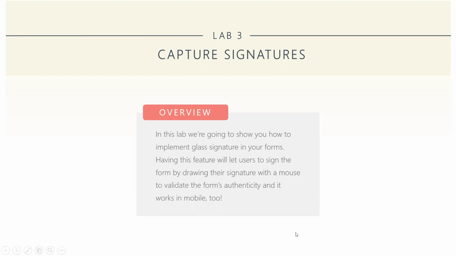So for lab 3, we are going to show you how to implement the glass signature in your forms, and technically be able to input your signature to your form. So let me quickly show you that in our sample form here.